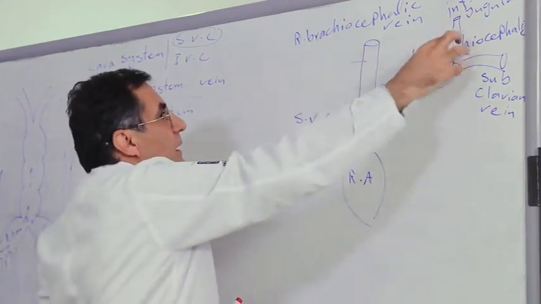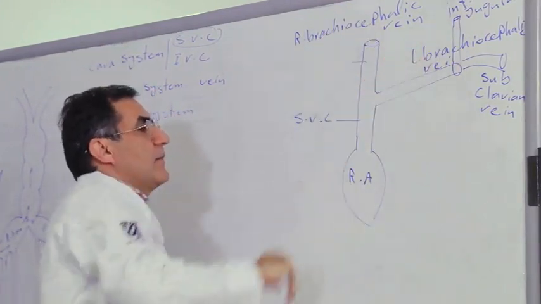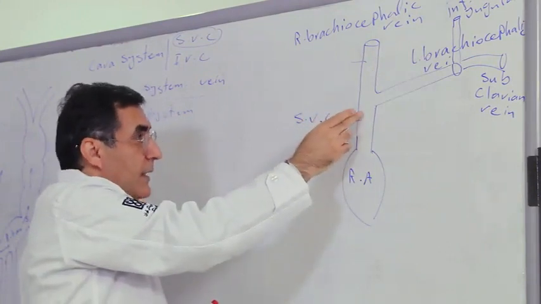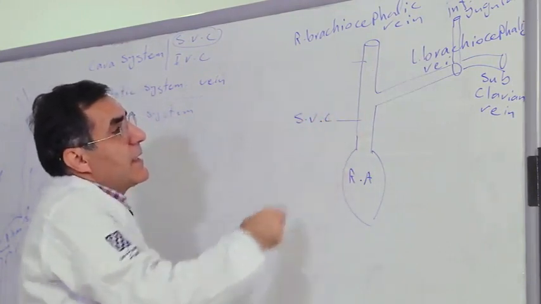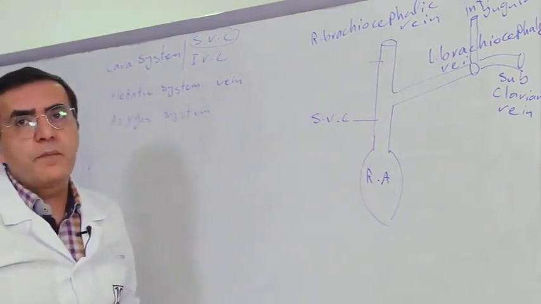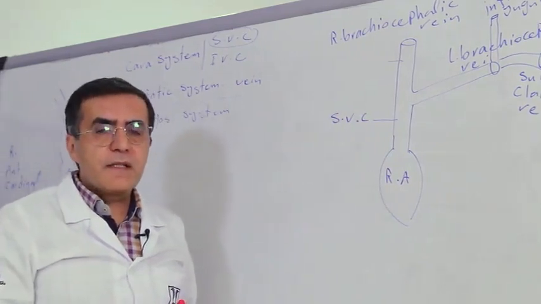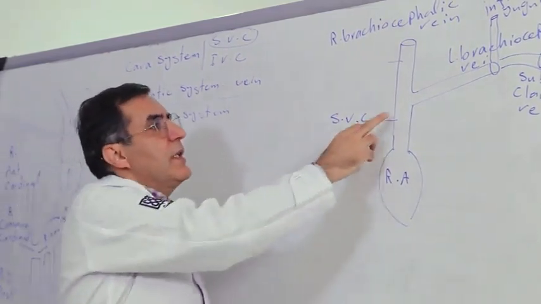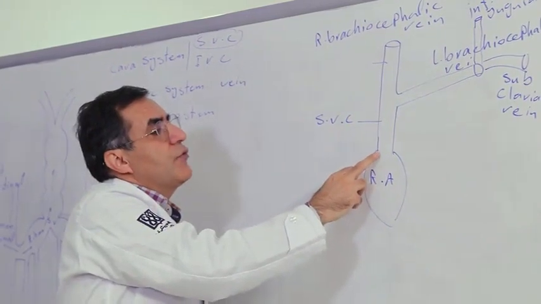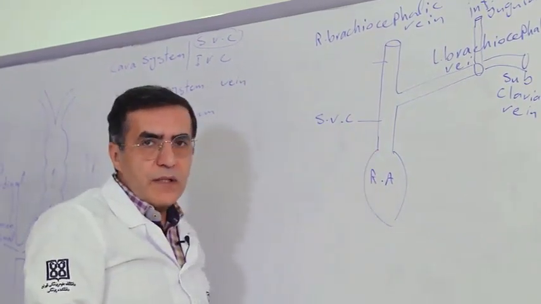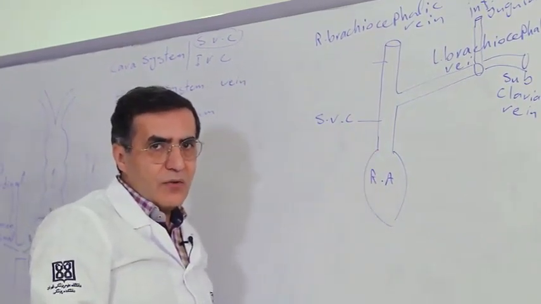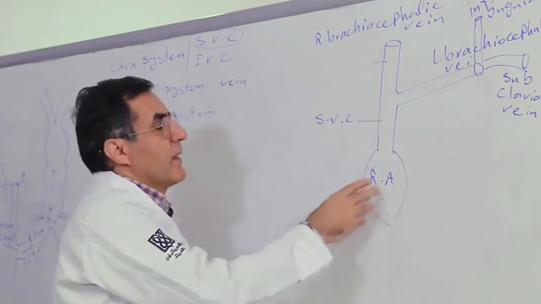I write only the left and the right again, the same as the left. And here the SVC in gross anatomy is formed behind the first right costal cartilage and drains to the right atrium opposite the third right costal cartilage.